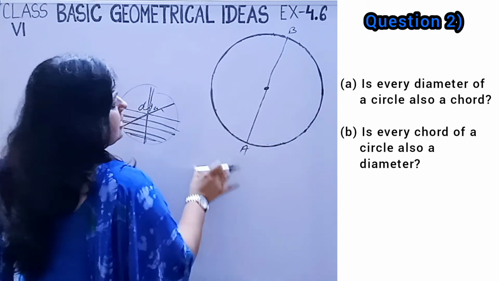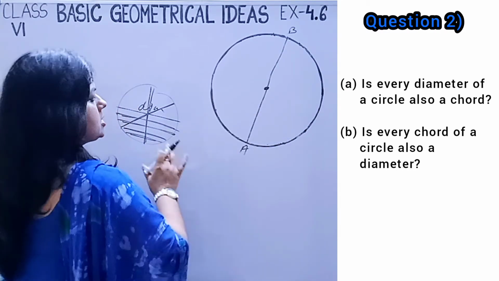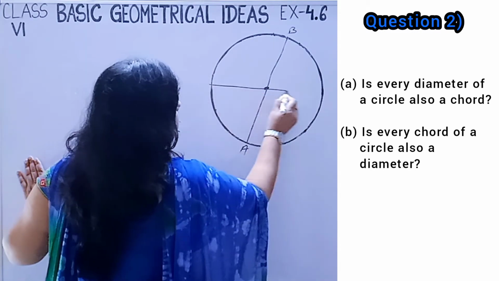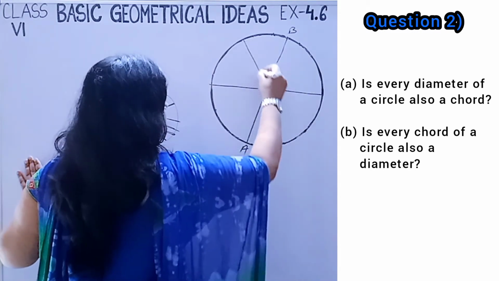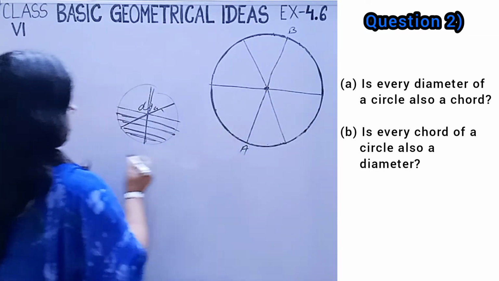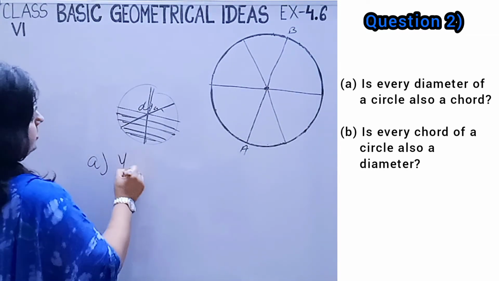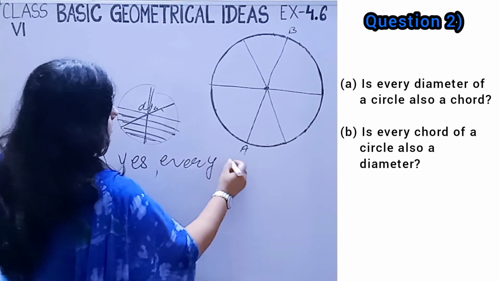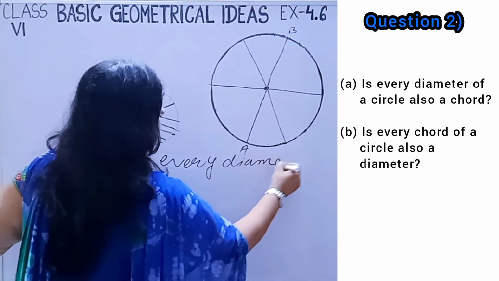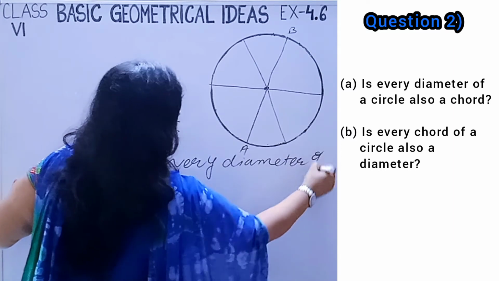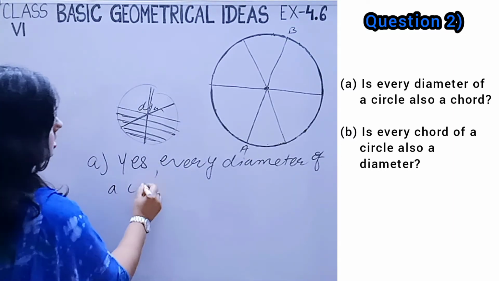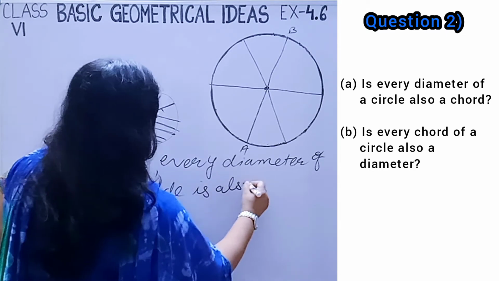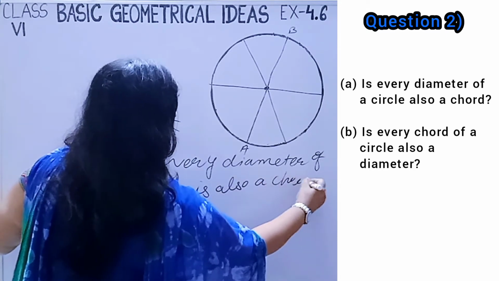Is every diameter of a circle also a chord? Yes, every diameter of a circle is also a chord.